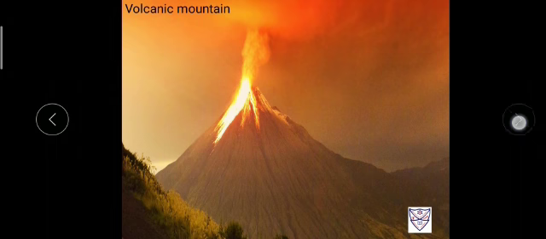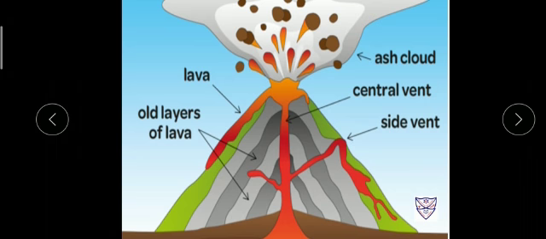Let us understand that. This is a picture of how the lava erupts, and when the lava erupts, an ash cloud is formed, like a fountain. This part is called the central vent. The lava goes out through the middle, or reaches the edges of the mountain, and the old layer of lava is this part.